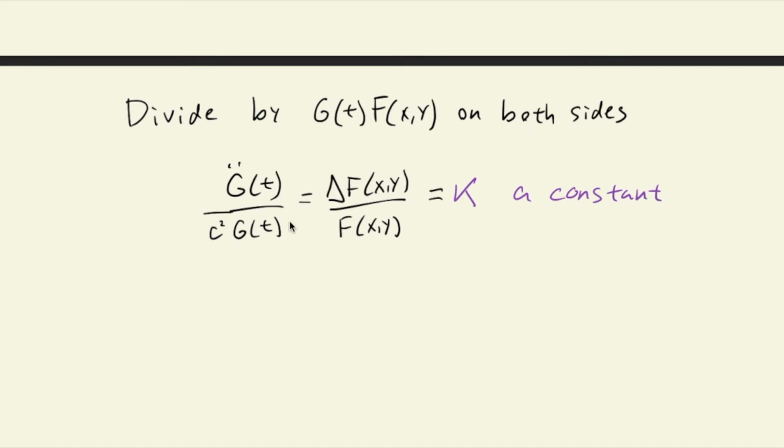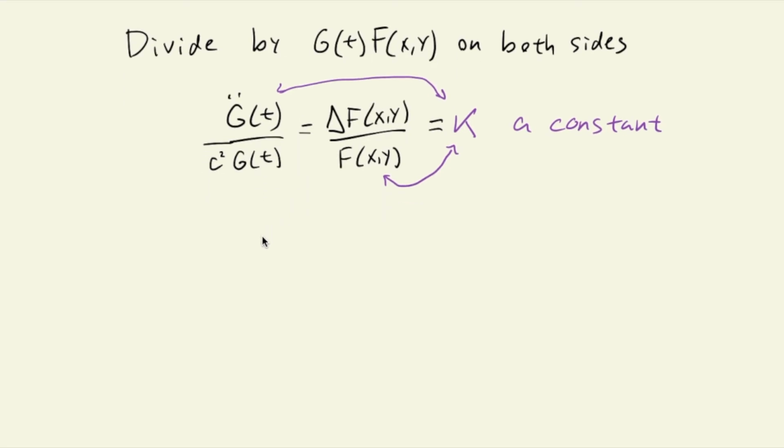And now we can match these up to get one equation, and these to get another one. So we get a differential equation for f and one differential equation for g. The differential equation for f is Laplacian of f of xy is equal to k times f of xy.